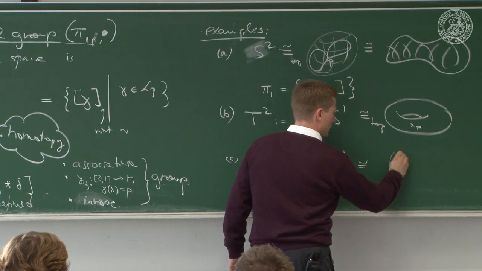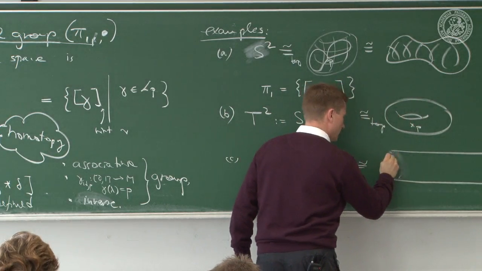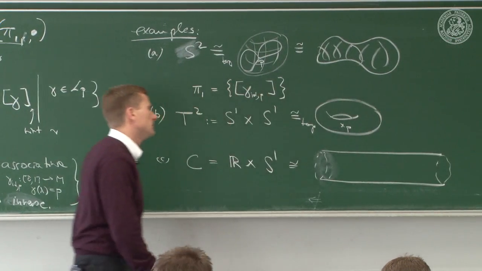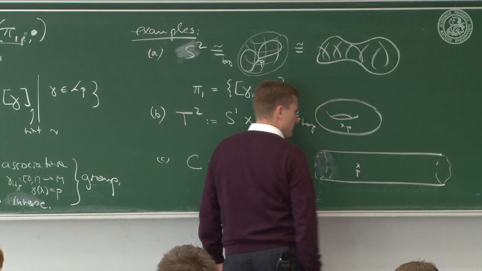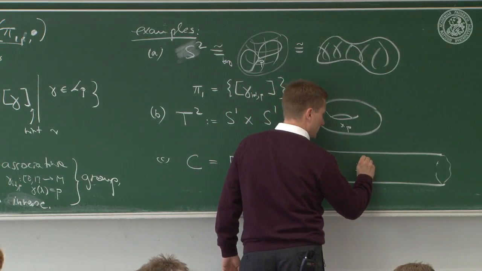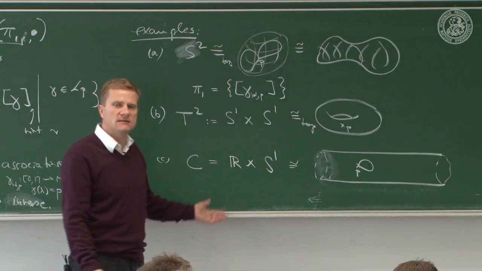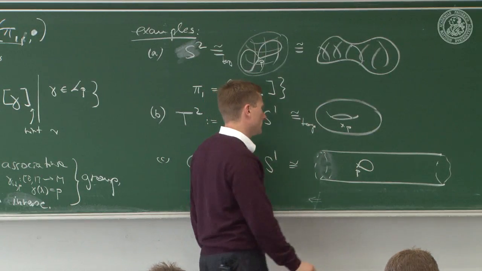And you know how this cylinder looks like. And of course, it never ends. It goes like this. Now, if I have a point P here, I can look at a loop that just looks like this, right? So the identity is again in there because you can contract this to the identity, that's homotopic.